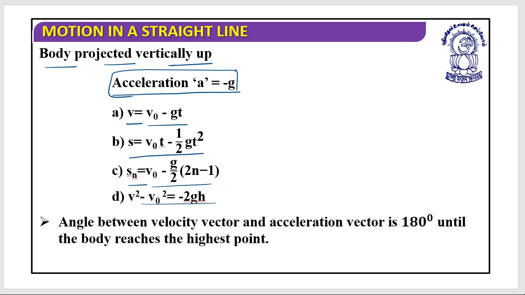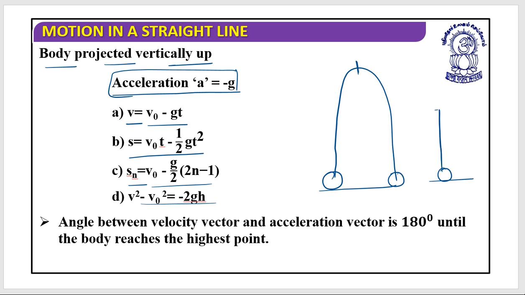One more very important and conceptual point is that when I throw this body in the upward direction, let's say this is the motion of the body. Actually, this is one dimensional motion. It should go on this, and from this it will reach to this.